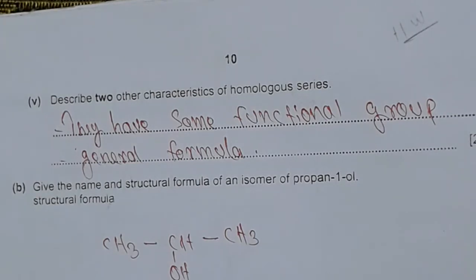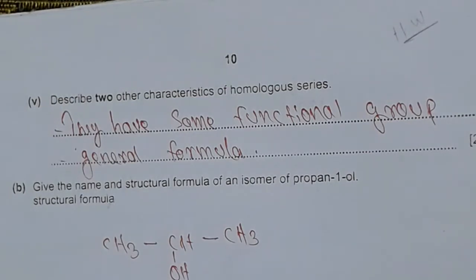So from this table you can say homologous series means a series of compounds that have the same general formula. They have the same chemical properties. You saw over here, they produce carbon dioxide and water after combustion, which means they have the same chemical properties.